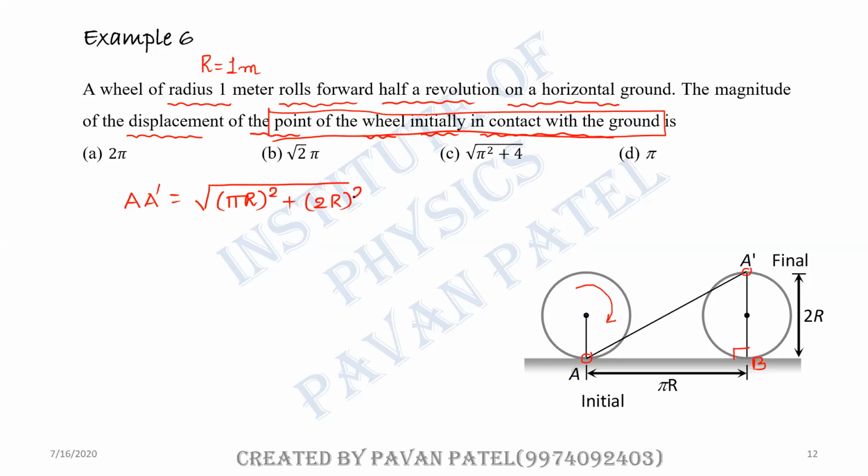The value of r is 1 meter, so we can substitute 1 meter. It becomes pi square plus 2 square, which is 4. So that is A dash. The displacement of the point of the wheel initially in contact with the ground is under root pi square plus 4. So answer C, under root pi square plus 4. Option C is our answer.